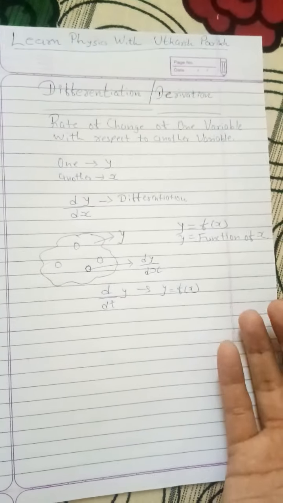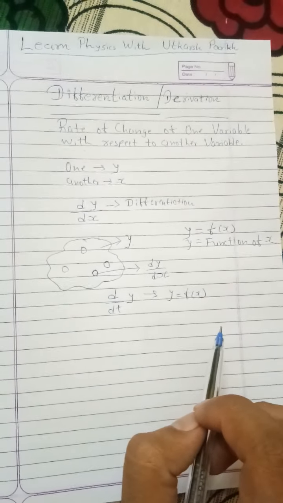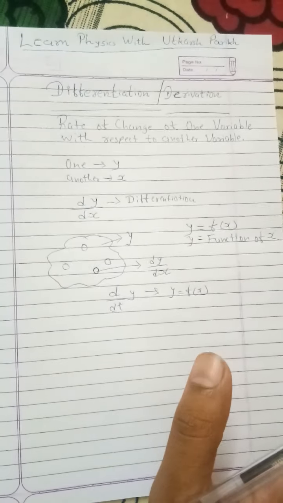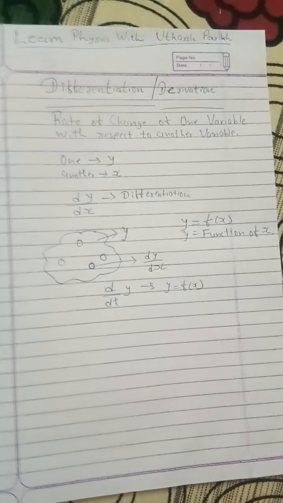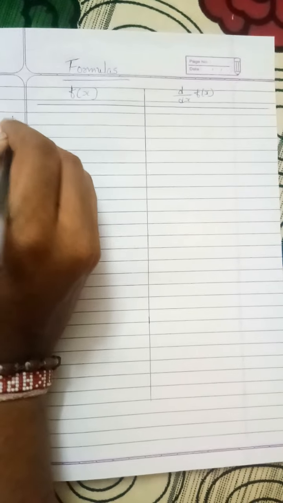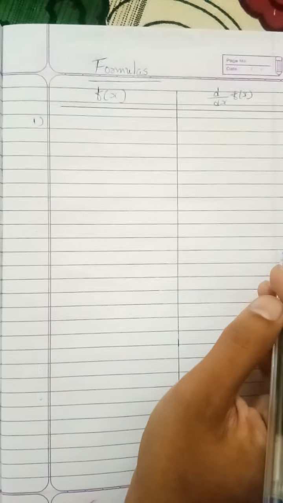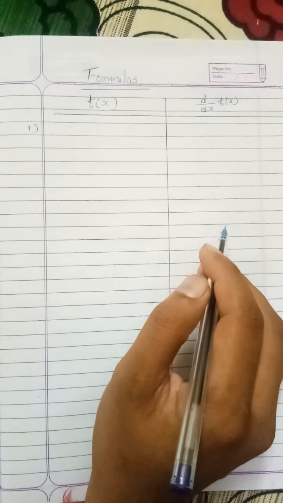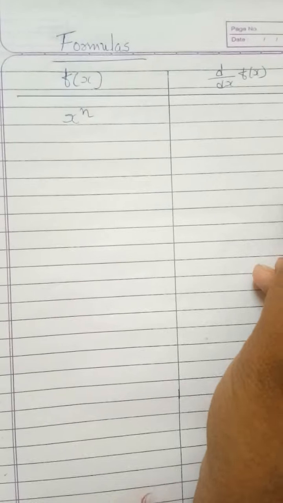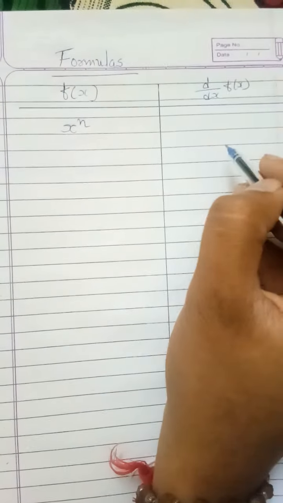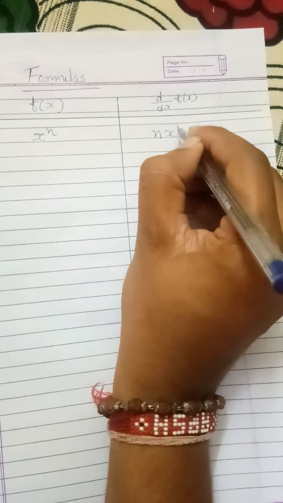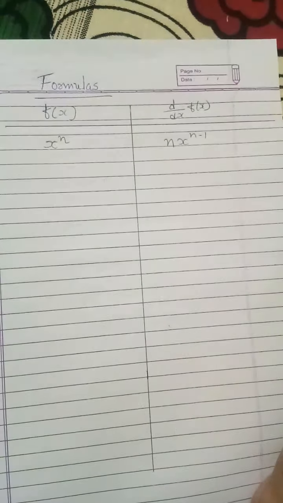Okay. For differentiation, some formulas are there, and these formulas we have to remember. I am writing them here. First, if the function of x is x raised to n, its derivation we can directly write as n x raised to n minus 1.